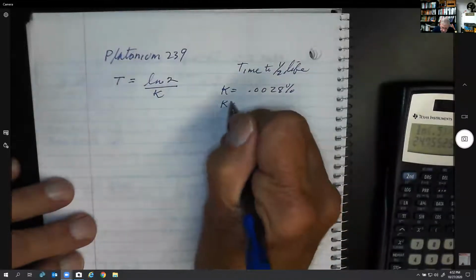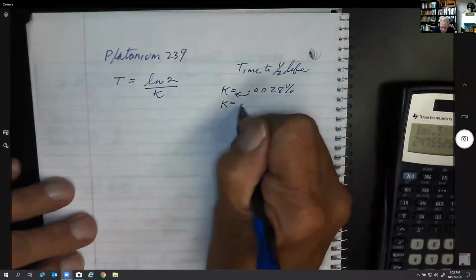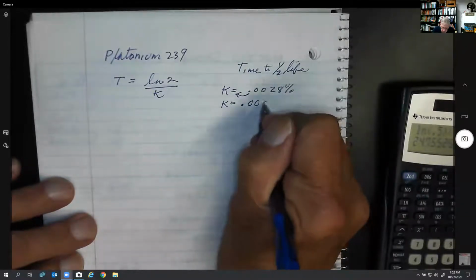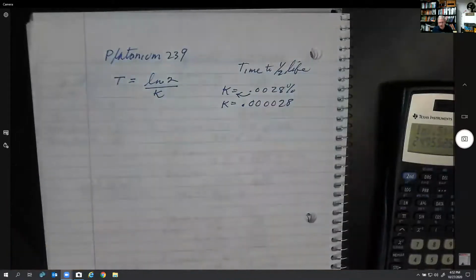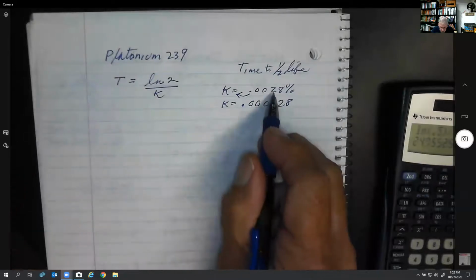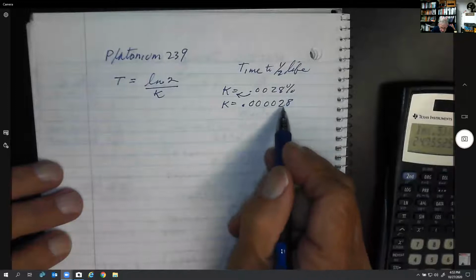So k is equal to, we still have to move 2 more places, 0.000028. So you can see the rate of decay is extremely slow, isn't it? It's less than 1% per year. I mean, it's a very, very slow decay rate.